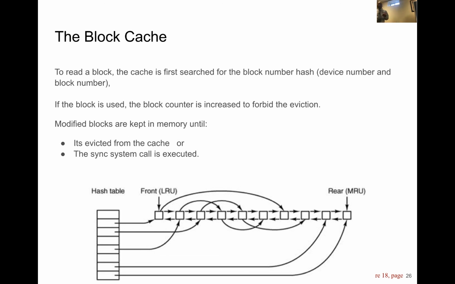At a later time, the block is going to get evicted from the cache and put on disk, or you are going to have a sync operation that writes it to disk, or in many file systems you have a periodic background process. When there's no file activity, it writes out all the dirty blocks so that they eventually go to disk. Okay, so that's how the block cache is implemented.